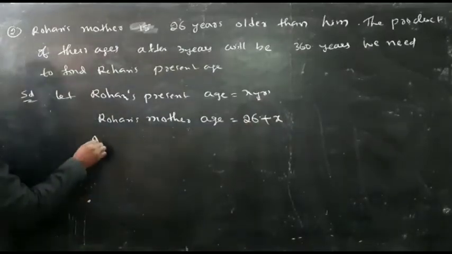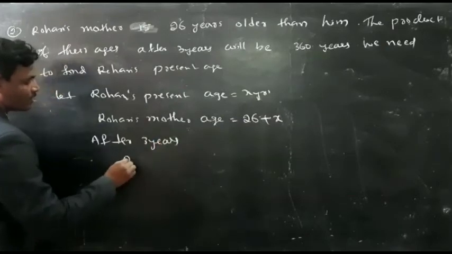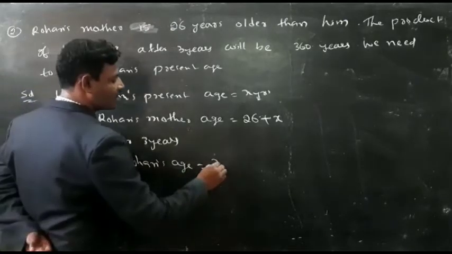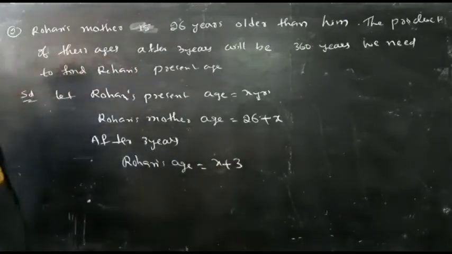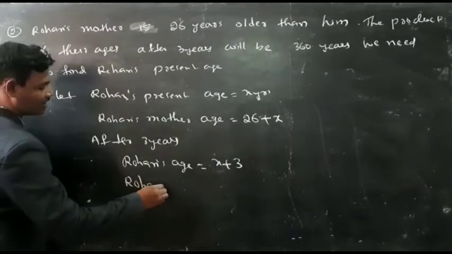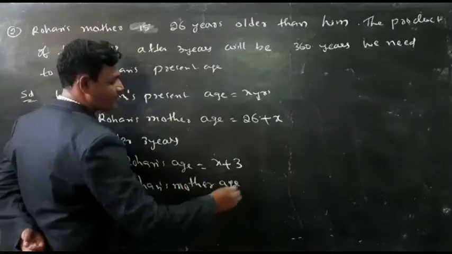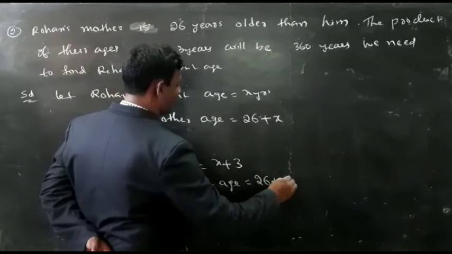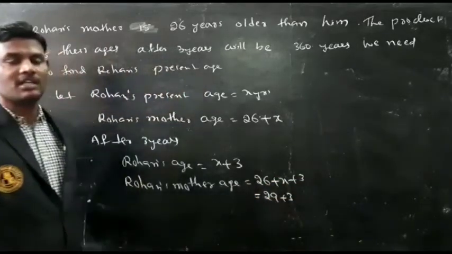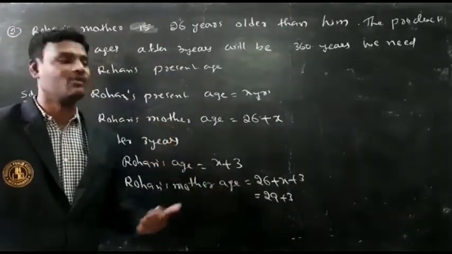After 3 years, Rohan's age is x plus 3, and Rohan's mother's age is 26 plus x plus 3, which is 29 plus x.